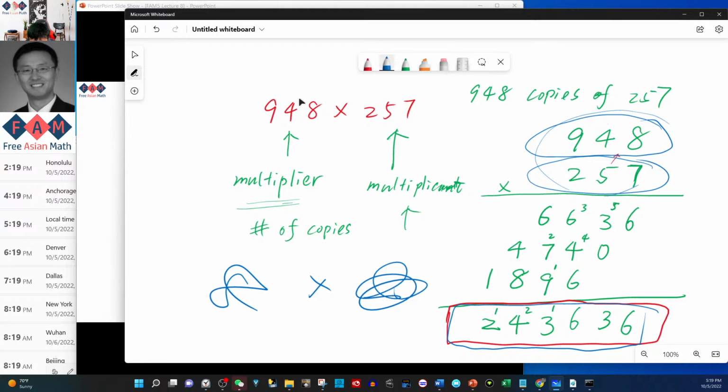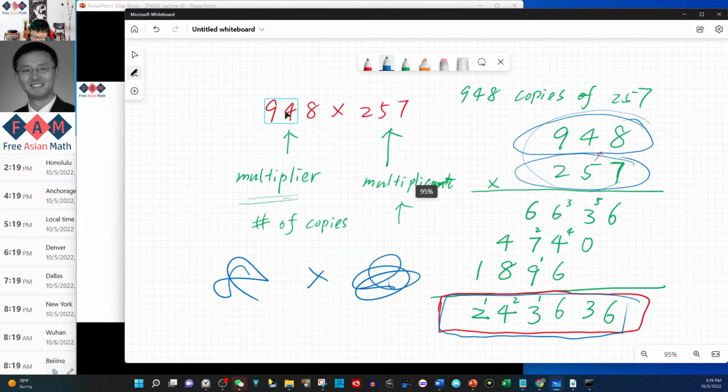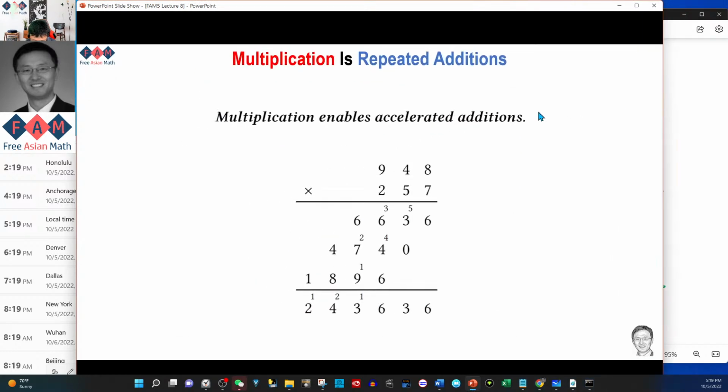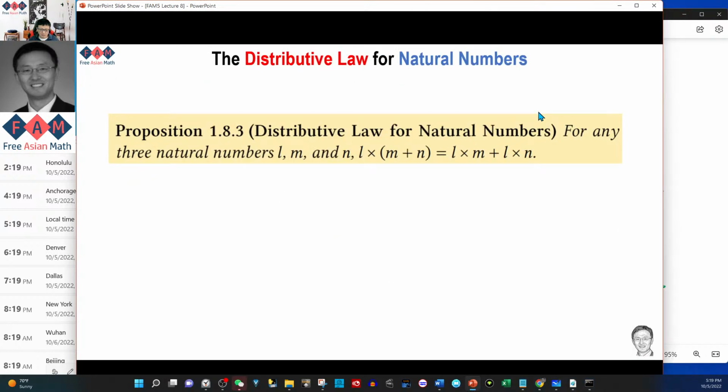So how do we understand why this vertical multiplication algorithm works? It's because of the all-important distributive law. All right? So, what is the distributive law for natural numbers? Well, don't overthink it. It's not that complicated.